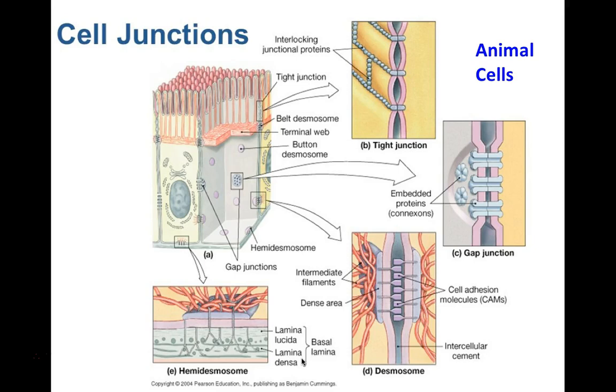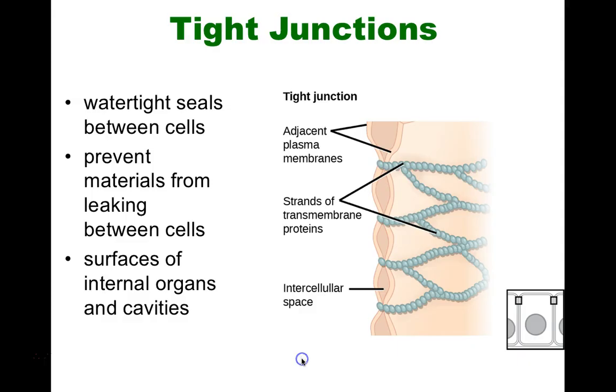And then there are hemidesmosomes, which are a little bit like a desmosome where we have some linking, and maybe a little bit more like a tight junction, sort of half and half. Let's take a closer look at each one of these types of junctions between animal cells.